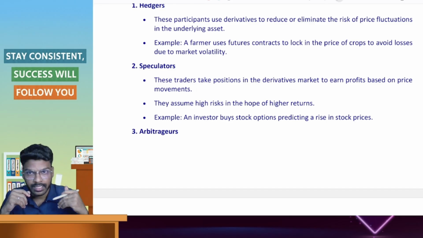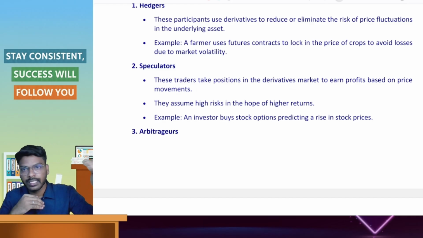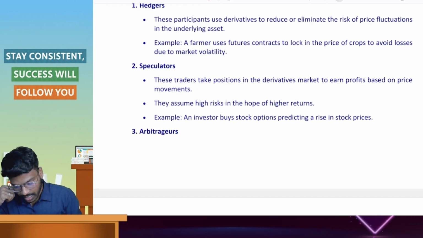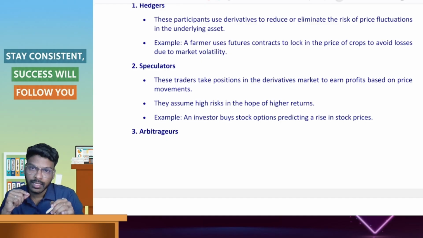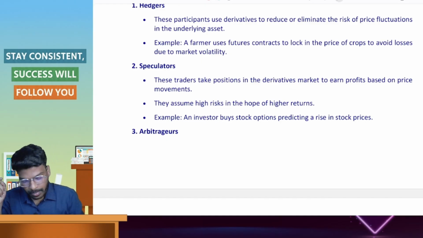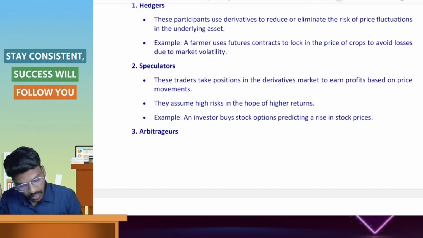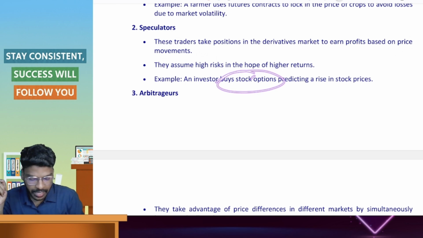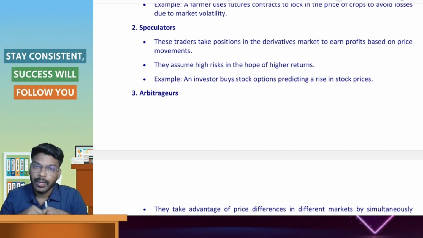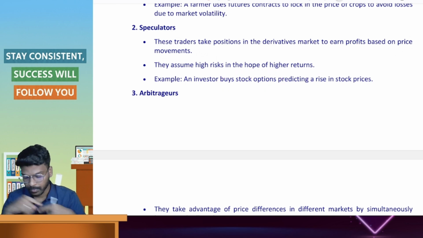If the price decreases, they will buy. If the price increases, they will sell. So they assume high risk, there is a high risk that the price will increase or decrease. They will earn a profit based on price movements. Example, an investor buys a stock option predicting the change in stock prices.